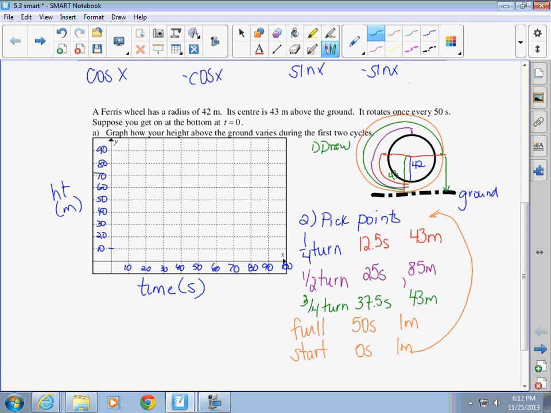Okay, so then I plot this. So starting at 0, I am 1 meter above. So this is going to be approximate, of course. So about there. Quarter turn is 12.5 seconds, and I'm at 43 meters.